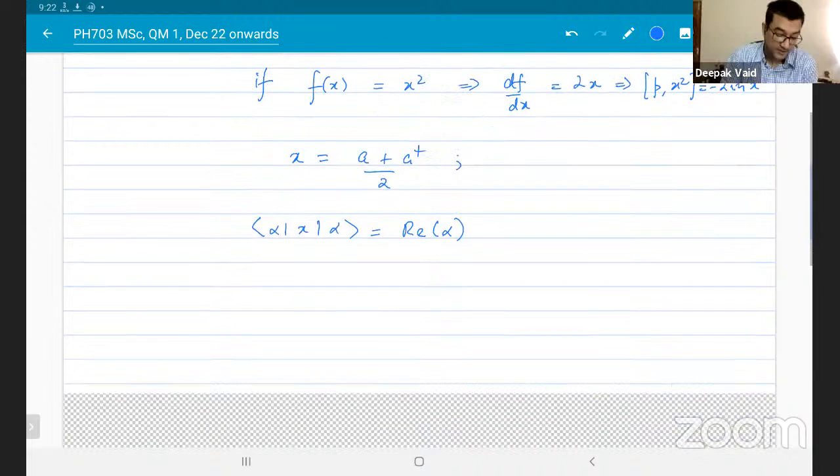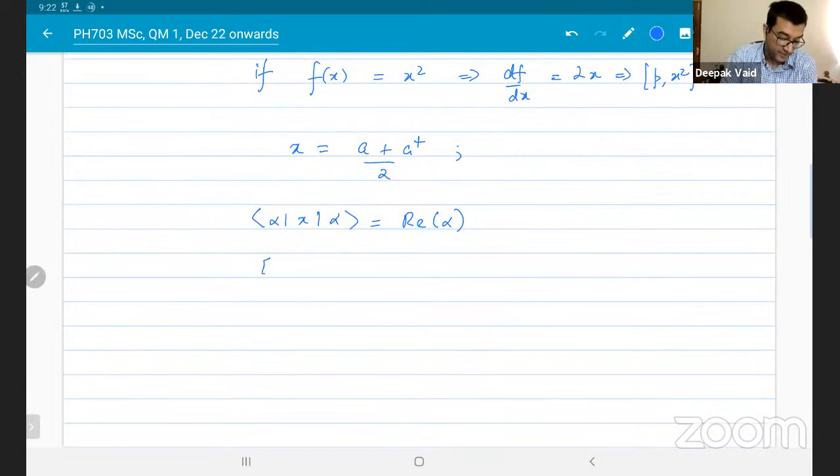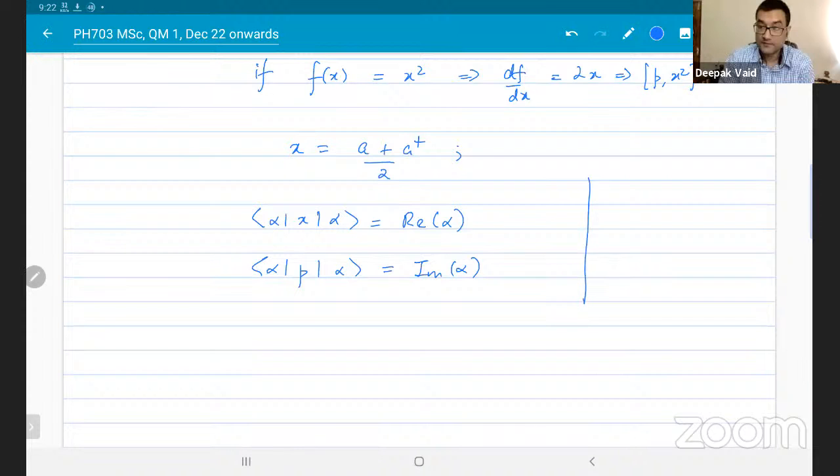And in the same way, if you look at the expectation value of p, you will get the imaginary part of alpha, right? So this tells you what the physical interpretation of alpha is, first of all.